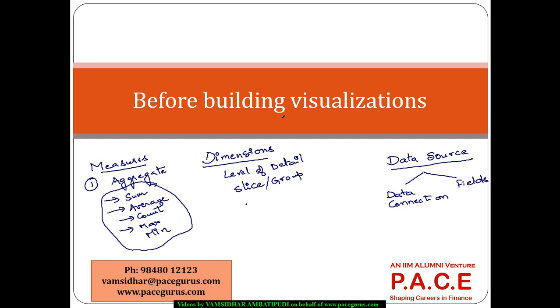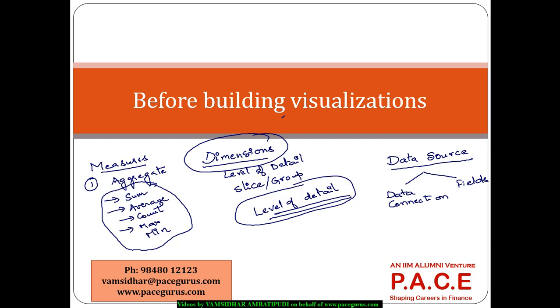So based on the level of dimension that we are creating, that is what we talk about as the level of detail of that particular view or of that particular visualization.